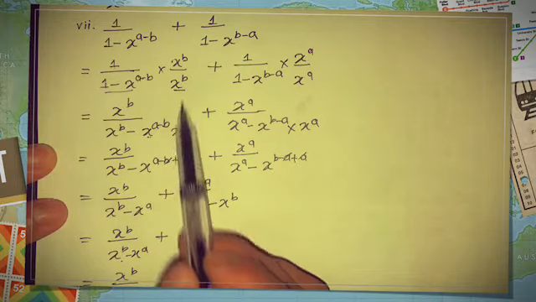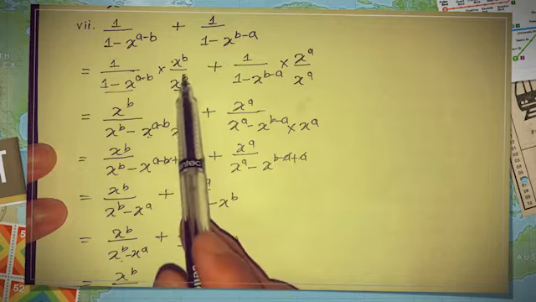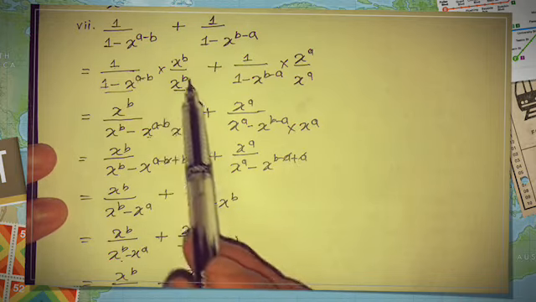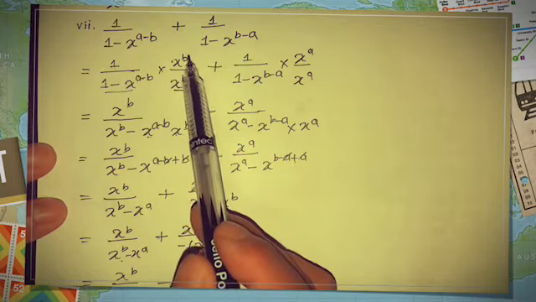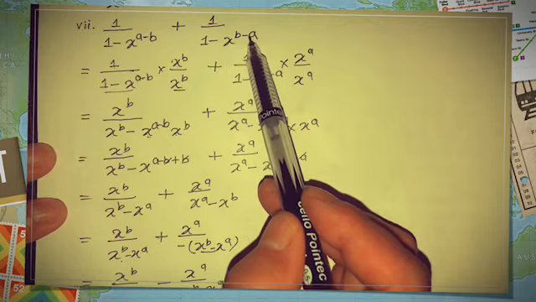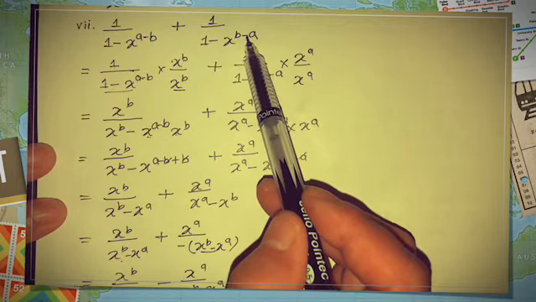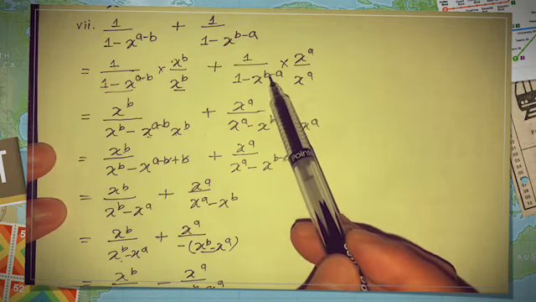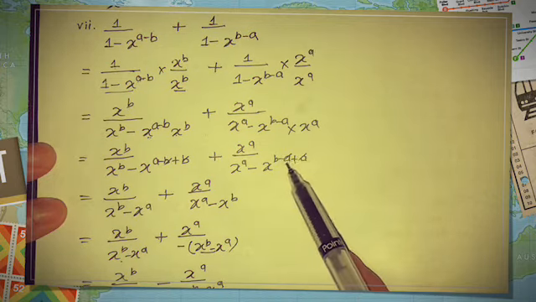So if we multiply by x to the power b, then that b will be cancelled. So these things you have to remember here. This is the trick for simplifying these expressions. Similarly here b minus a, so the negative power is a, so we multiply numerator and denominator by x to the power a, so that they will cancel.